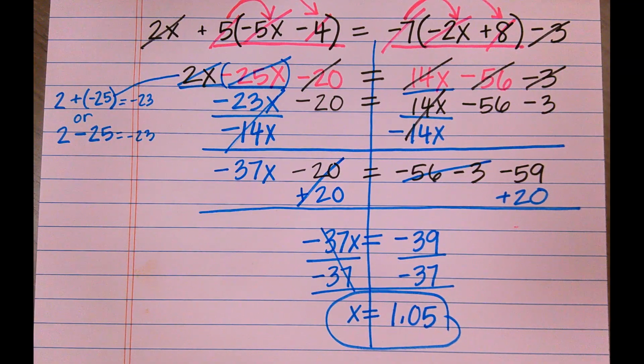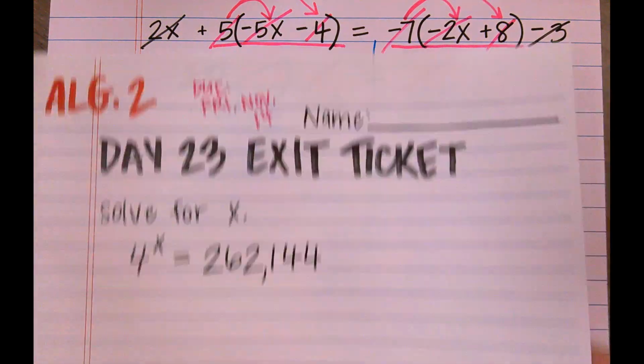Good. Well, I told you we would have a shorter class today because I know a few people still need to take that quiz. So if you have already taken your Unit 3 quiz, if you turned in your practice quiz, and you did the exit ticket from yesterday, the day 23 exit ticket, which I believe I put in everyone's folder, and if you did it, it should be graded back in your folder.